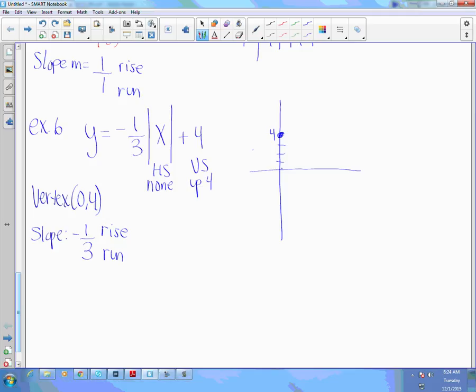So from your vertex, we go down 1 and run to the right, 1, 2, 3. Yeah, just mark that one a little bit.